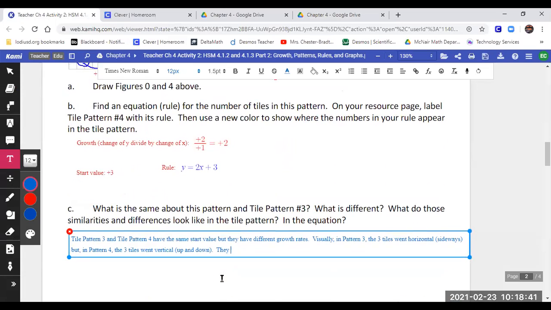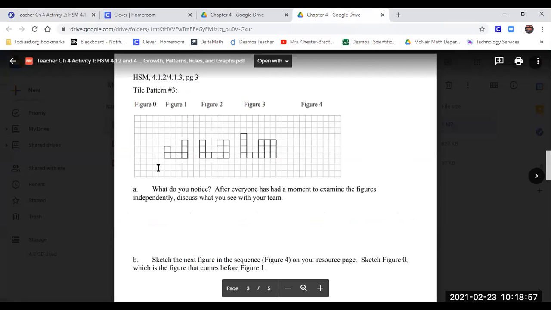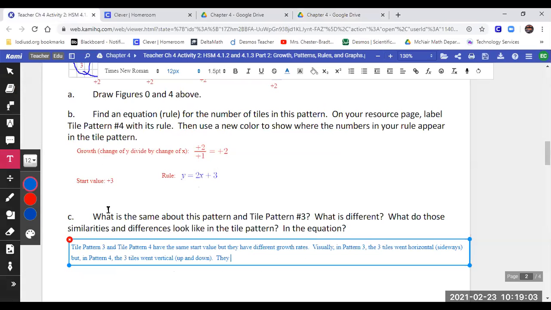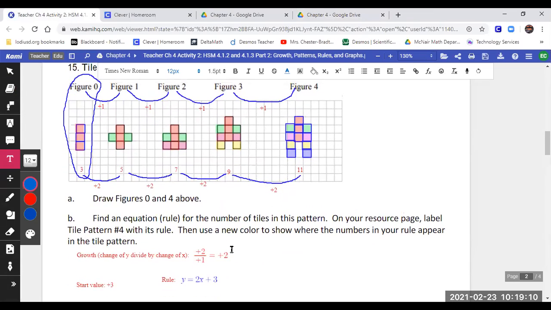So what can we see happening differently? We are visually looking at it. You're looking at the picture of it. What did they do differently? They started with 3 and they did something visually to this one. What did they do visually?